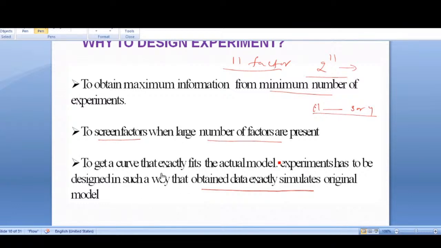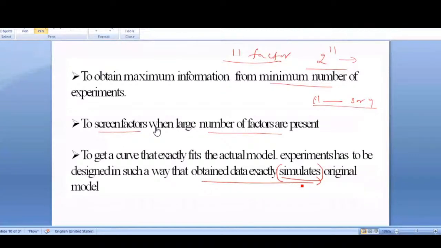Please remember, because nowadays many researchers are using design of experiment, don't think that the fitted correlated model is helpful for further investigation. That is only for screening purposes. After that, whatever factors are influential, with those factors again they go for the simulation. If the simulations validate those particular parameters, then the model is good.